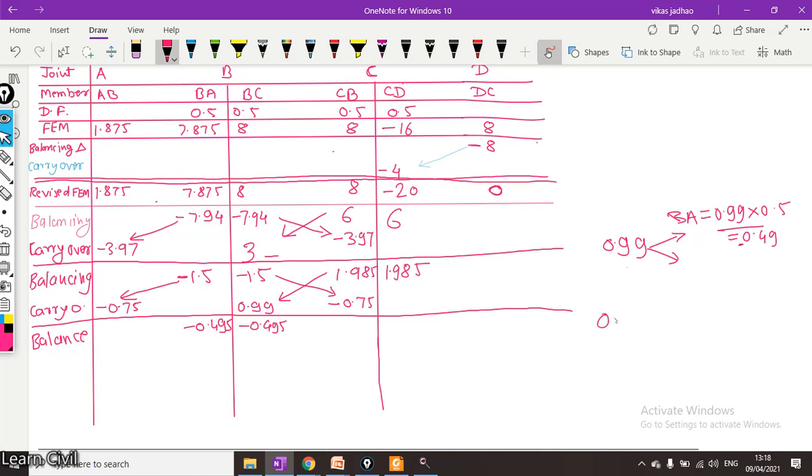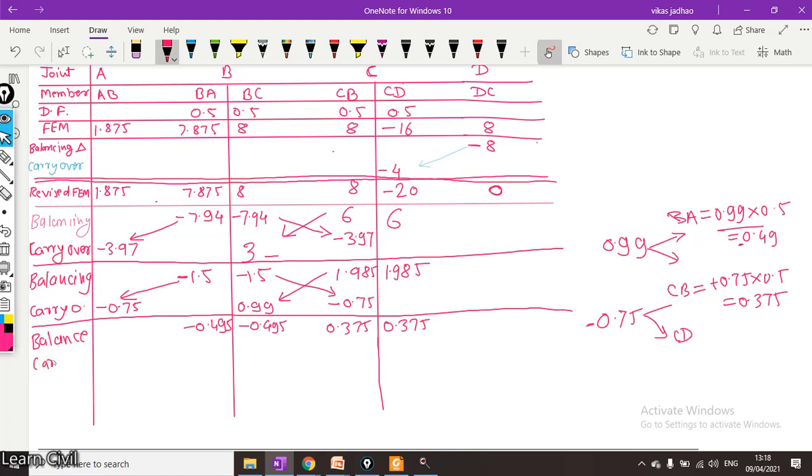Now this minus 0.75 will be shared by CB and CD, only the sign will be different and it will be in proportion of the distribution factor, so plus 0.75 into 0.5, which is 0.375. So here we will have 0.375, here again 0.375 because the distribution factor is the same.